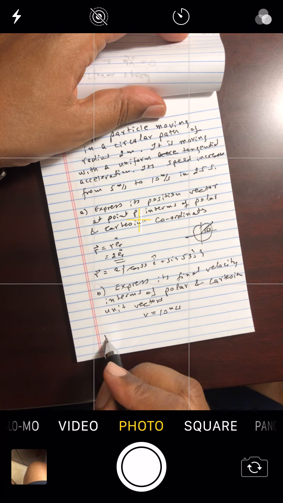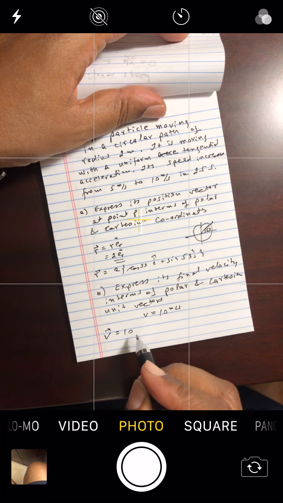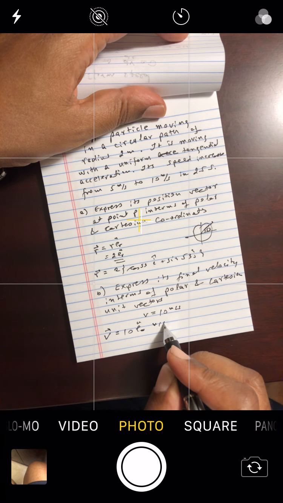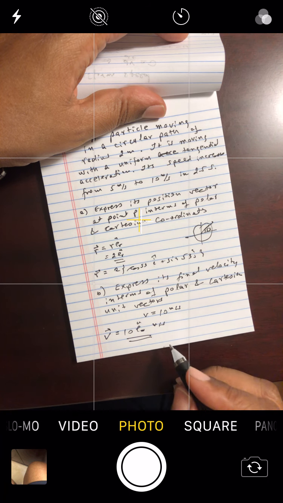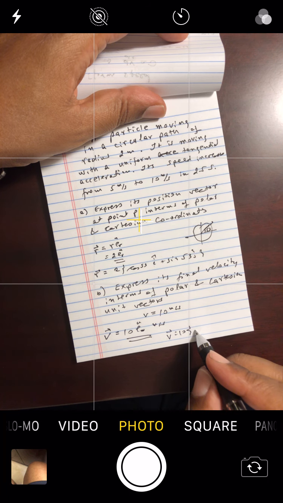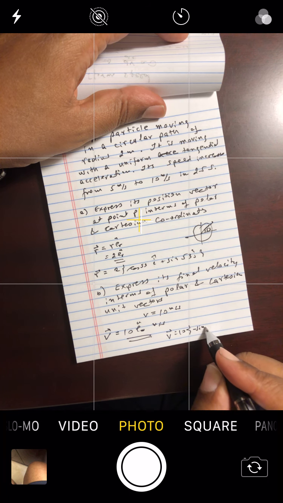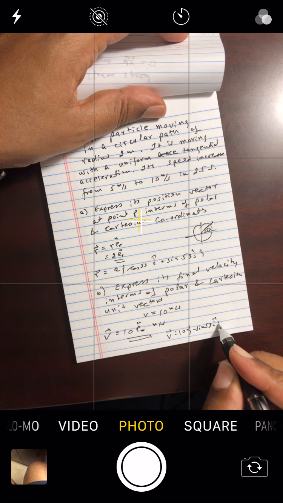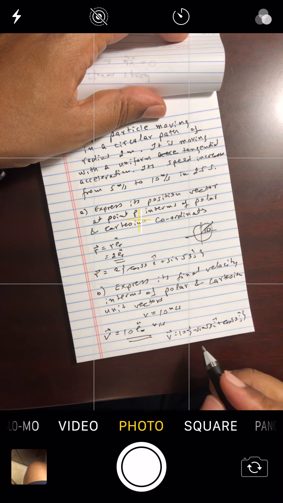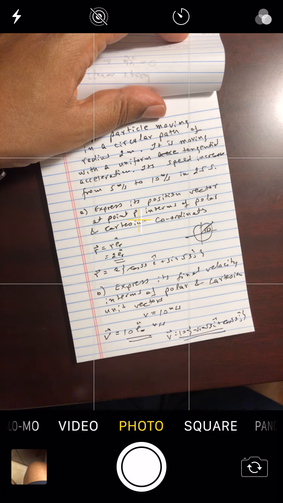So in polar, it will be V equals 10 in the direction of E theta, okay, which is meters per second, all right? And in Cartesian, it will be 10, and then you've got this is negative sine phi3 in the I plus cosine phi3 in the J. Okay, so this will be the Cartesian, this will be the polar.